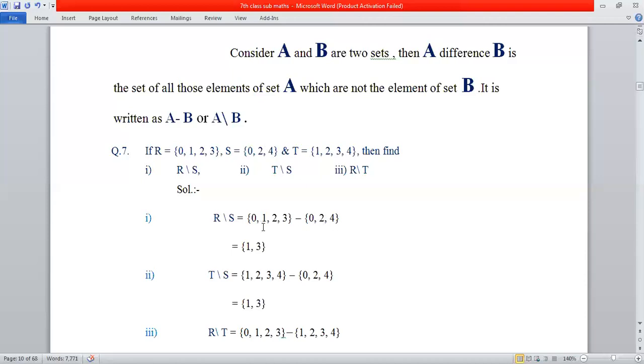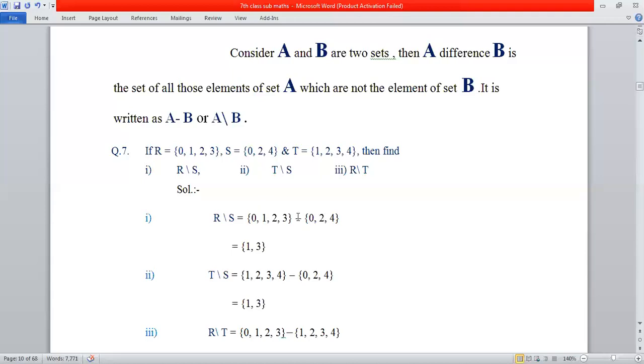Remember, you look at the first set when you do subtraction. Is 0 present in the second set? Yes, so it will be subtracted and will not come in the answer. Is 1 present in the second set? No, so you write 1 in the answer. Is 2 present?